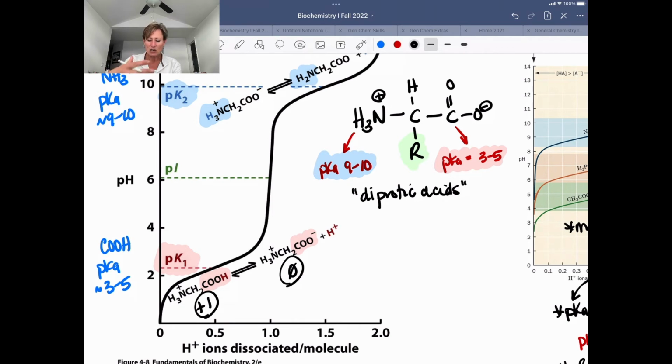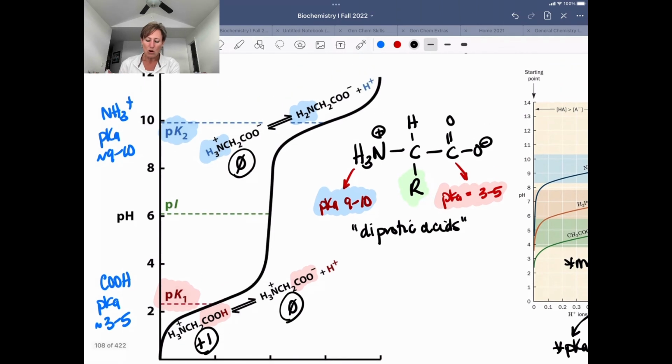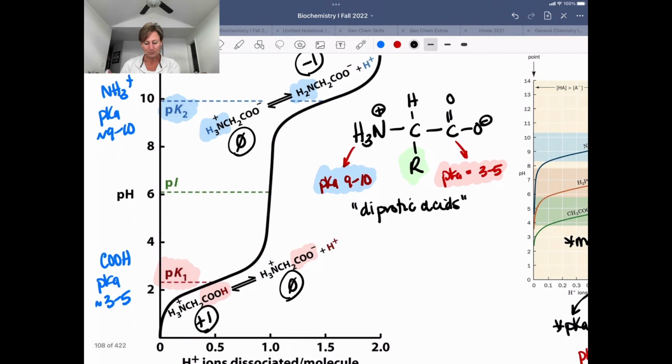As we continue to increase the pH, it's not until we get close to the pKa value for that protonated amine that we begin deprotonating again. We go from a species with no net charge to a species with a -1 charge. So in these transition regions, the halfway point corresponds to the pKa for that functional group. Same thing here, pKa for that functional group.